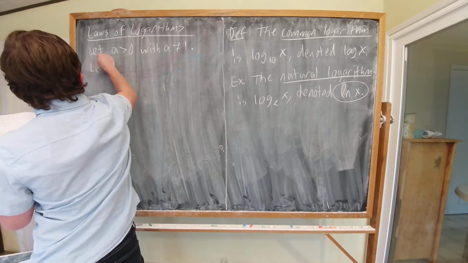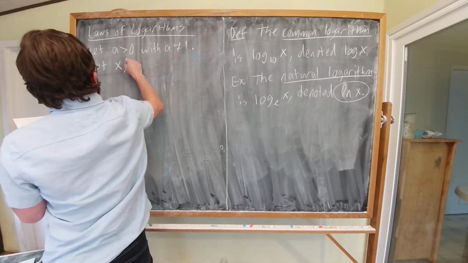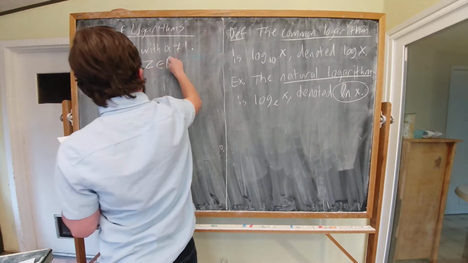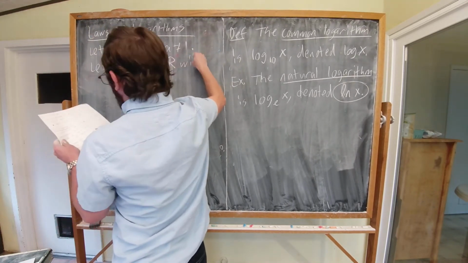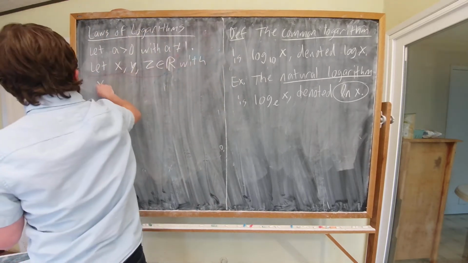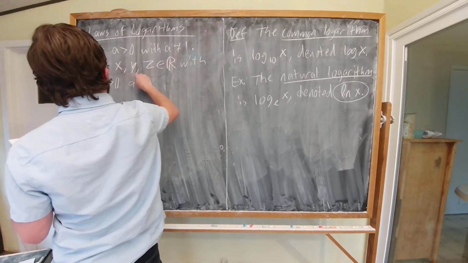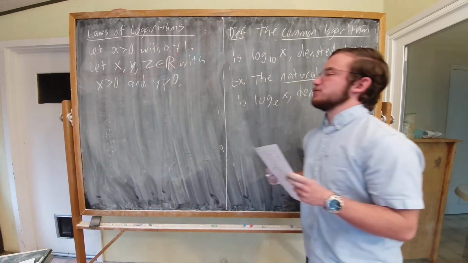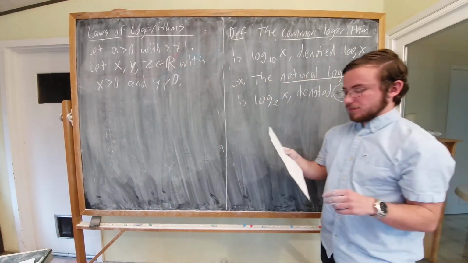Let's pick three numbers, x, y, and z in R, with specifically x greater than 0 and y greater than 0. Z can be anything, but x and y have to both be positive.